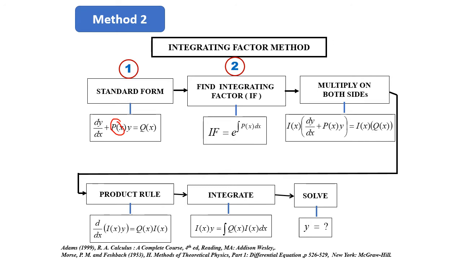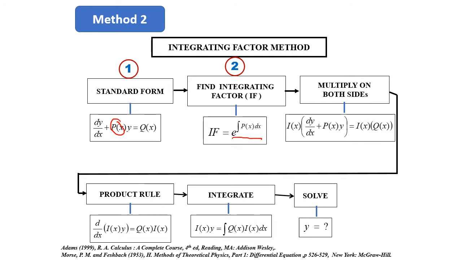So this P(x) we will use in order to find the integrating factor, by inserting it into this formula, that is the exponent of the integration of that P(x). So after you integrate, you will get e to the power of the result of the integration. So that will be our integrating factor.